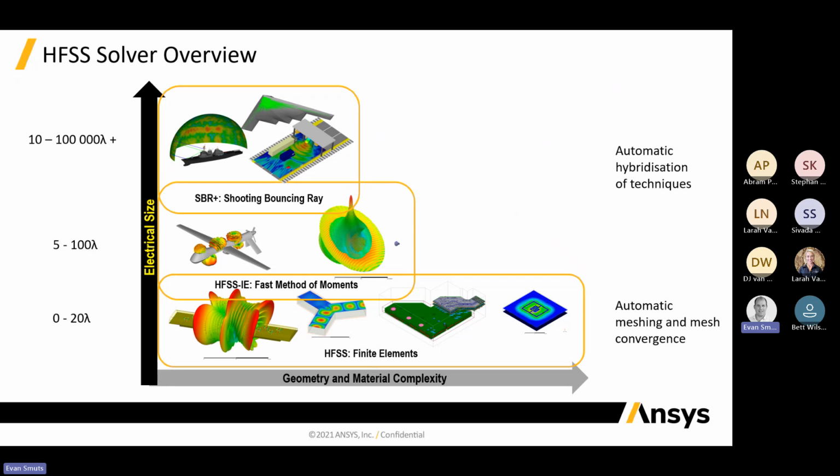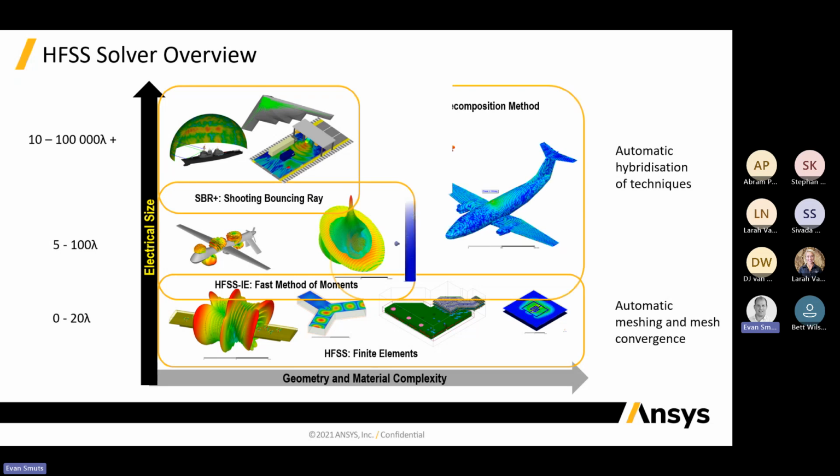Okay, so we have these multiple techniques for different problems. And what's really nice about HFSS is that we can then also combine these methods together. So we use something called the domain decomposition method, which breaks up our solver domain into different regions, and then we can use different technologies or solving algorithms to solve the field in that area.